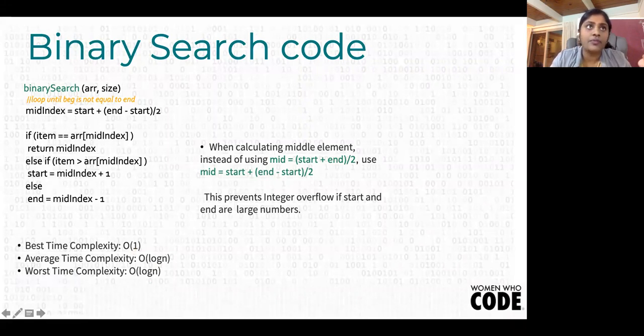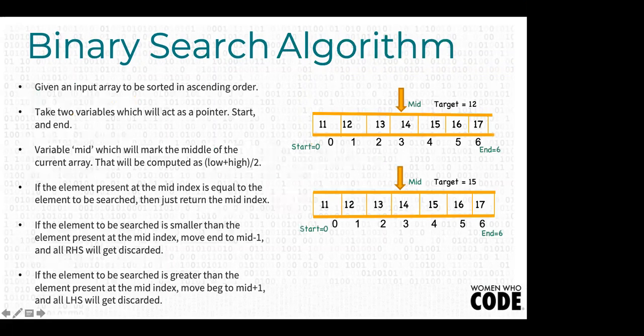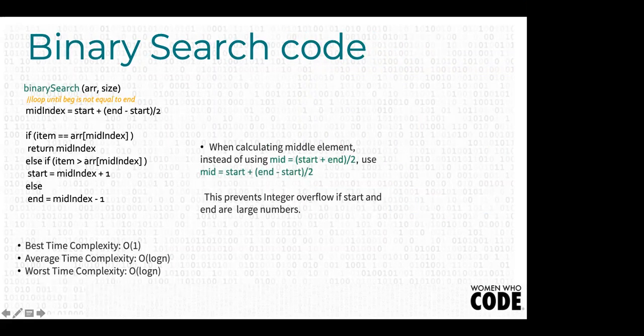I'm just curious, an array starts with an index of 0. So if we say end minus start, for an array of 10 elements, it would be 9 minus 0 divided by 2, right?